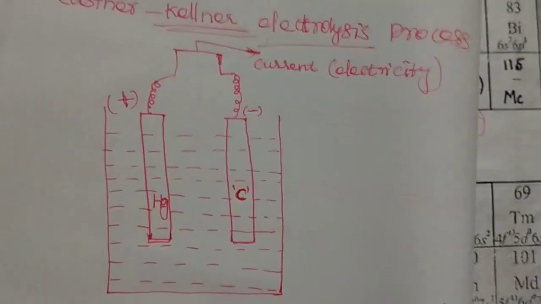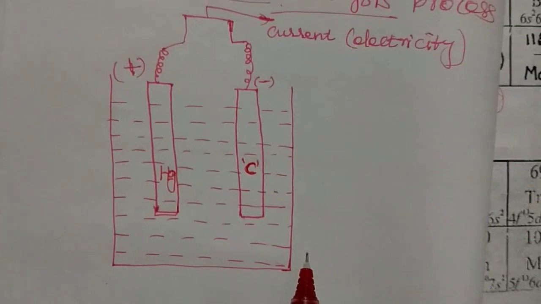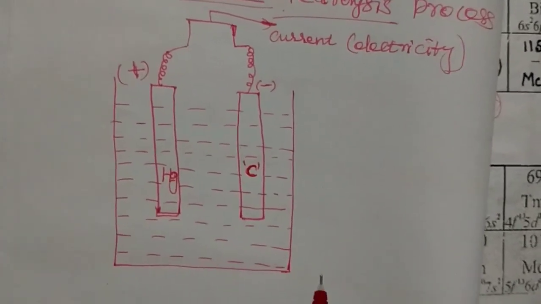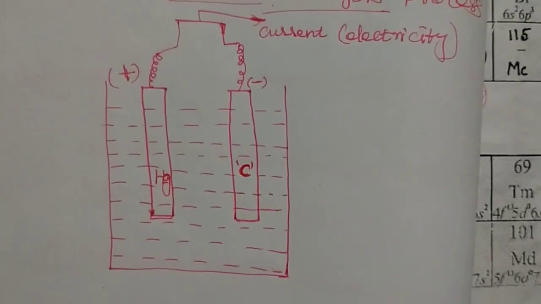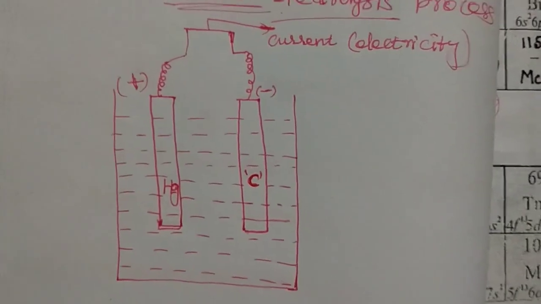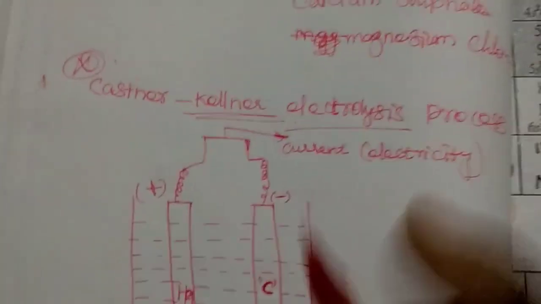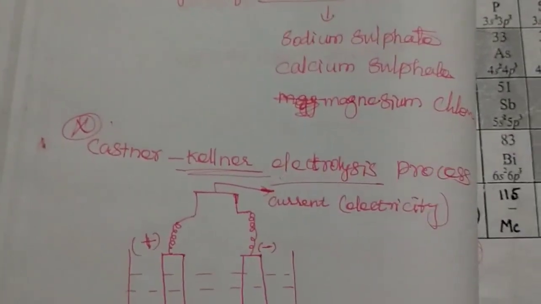Passing electricity through this solution, it is getting electrolyzed. Undergoing this electrolysis process, the sodium metal is discharged, or decomposed, from the sodium sulfate; it is splitting into sodium plus and sulfate minus.